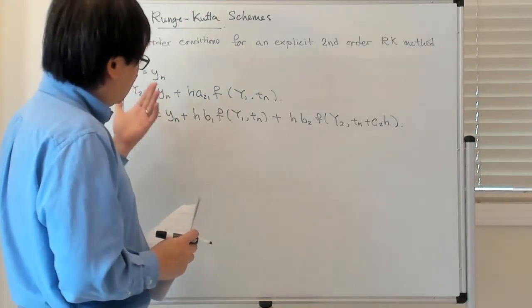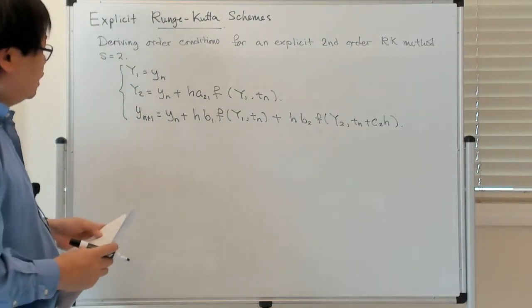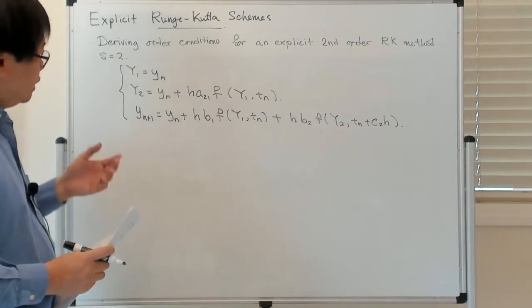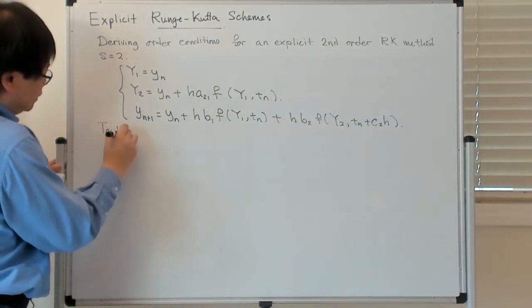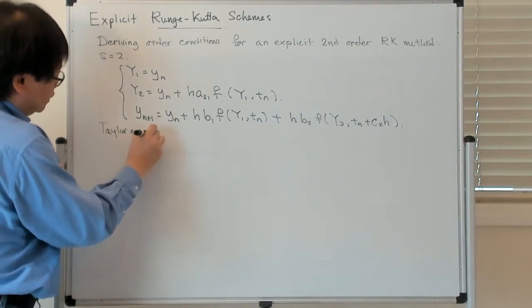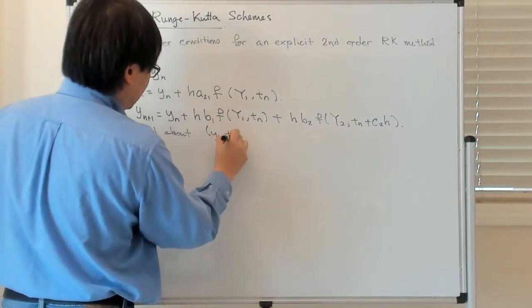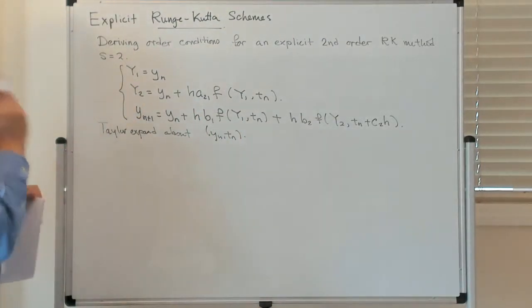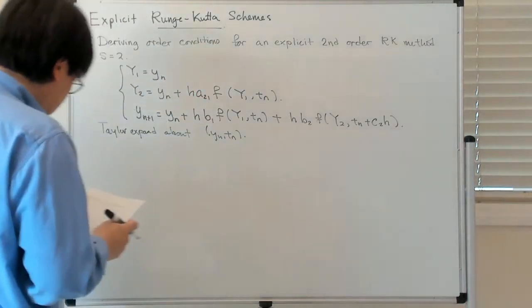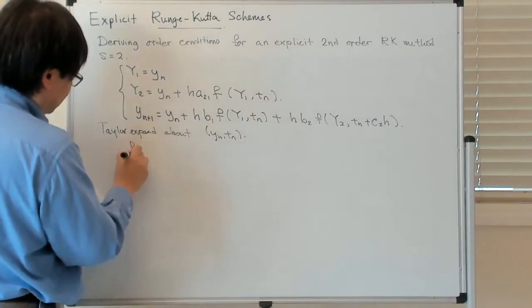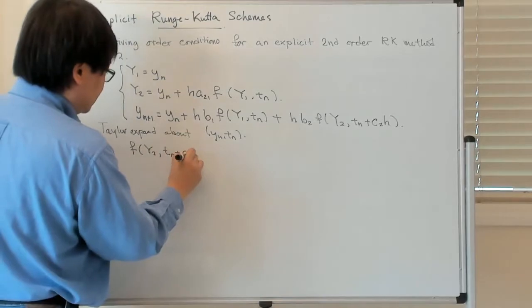And so the way we're going to approach this is that we're going to do a Taylor expansion about the point yn, tn. And in particular, we're going to look at this last term first. So let's look at f at y2, tn plus c2h.